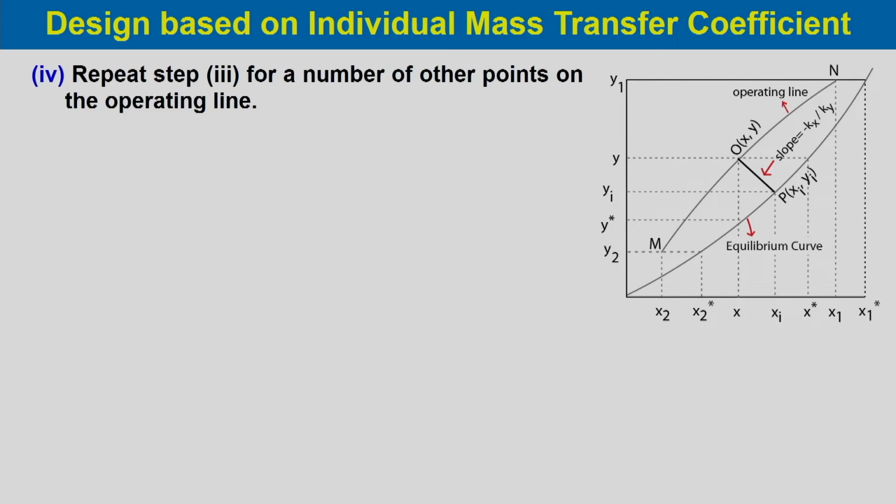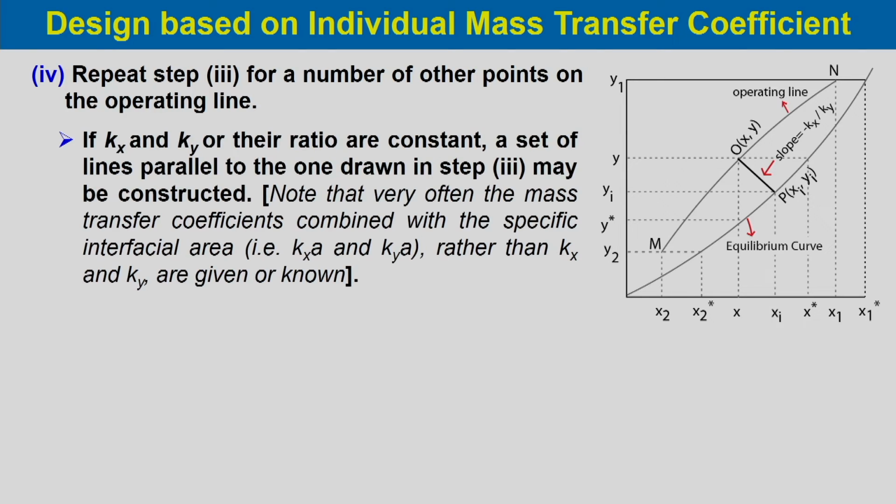Now, we have to repeat the steps for a number of other points on the operating line. If kx and ky or their ratio are constant, a set of lines parallel to the one drawn in step 3 may be constructed. So, if this is a straight line, then we can draw parallel lines through multiple points, and we can get multiple data for a set of x and y, and a set of xi and yi.